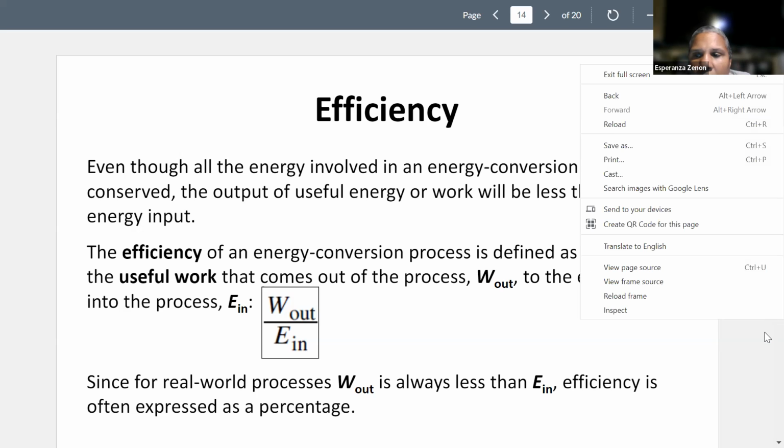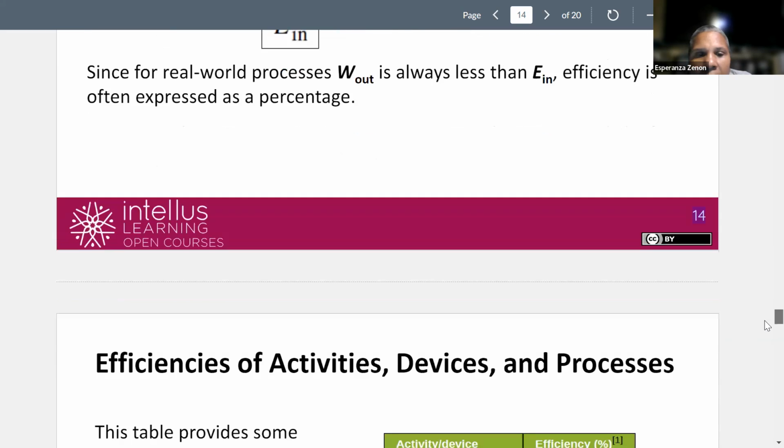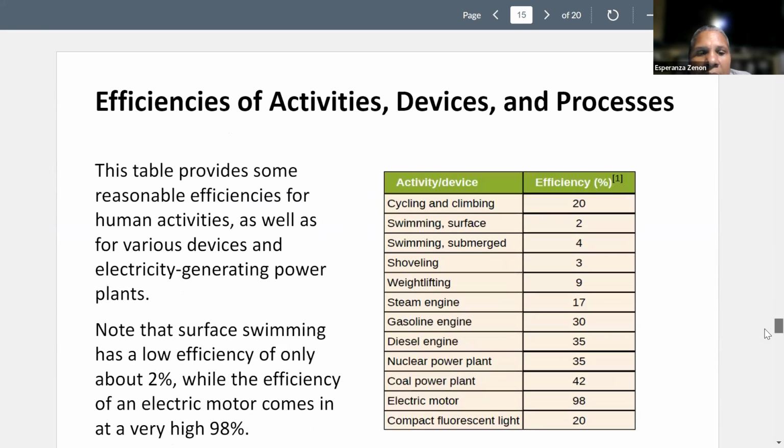Well, we can see here that there's a chart of some various efficiencies, okay? And you can see that there are some processes or activities that are very, very inefficient, right? Look at swimming, for example, 2% efficient. Well, you could think of it this way. When you're swimming, any heat that you're generating is automatically being zapped by the water that you're in, right?